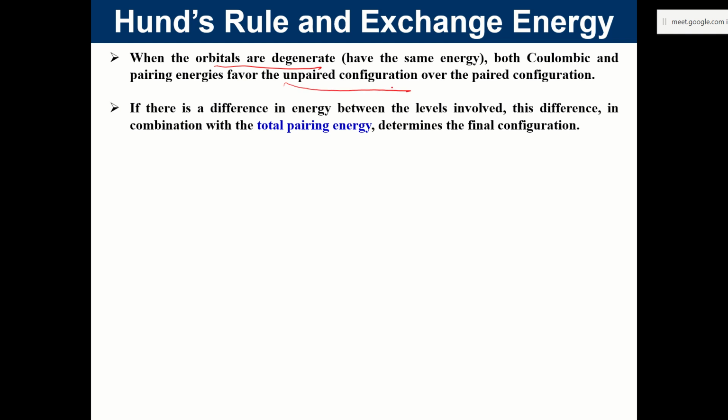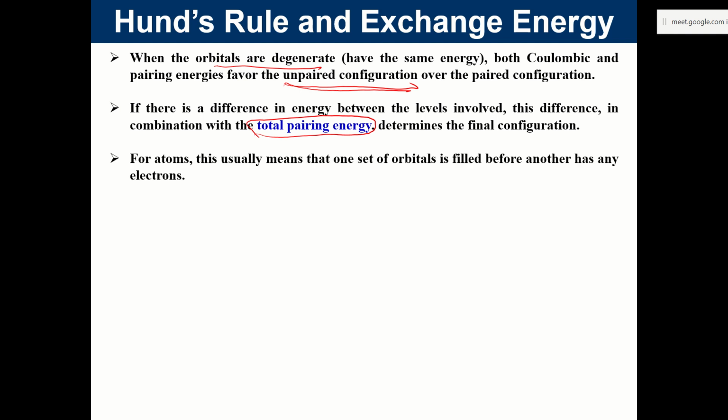If you have a degenerate set of orbitals and you have to put 2 or 3 electrons in them, you first tend to have the unpaired configuration, which will have lower energy, because you do not have the problem of overcoming this Coulombic energy अगर आप अलग अलग रख रहे हैं. And total pairing energy, we have seen, is the sum of the Coulombic energy plus the exchange energy. So the final configuration we have just seen.